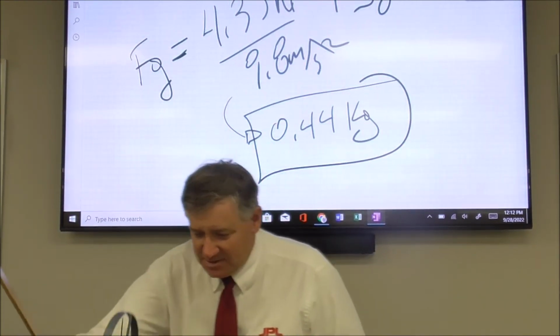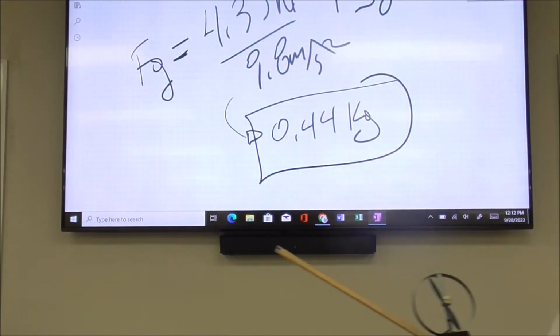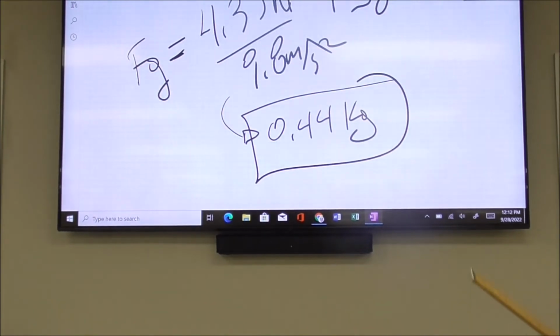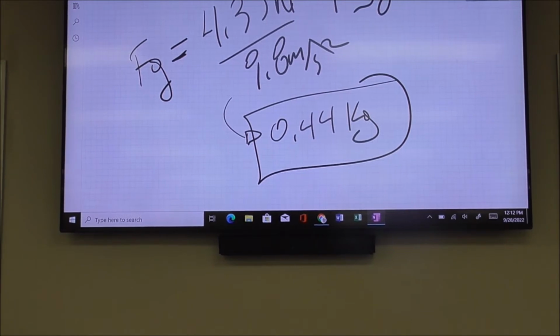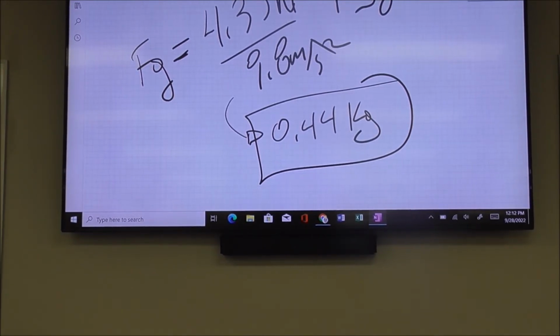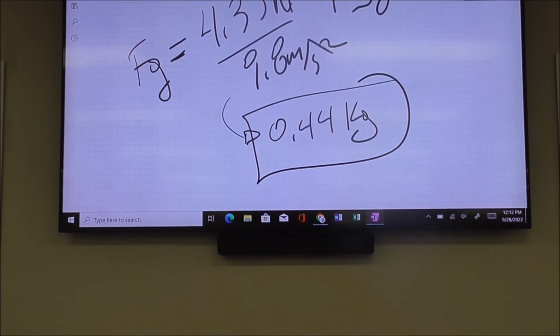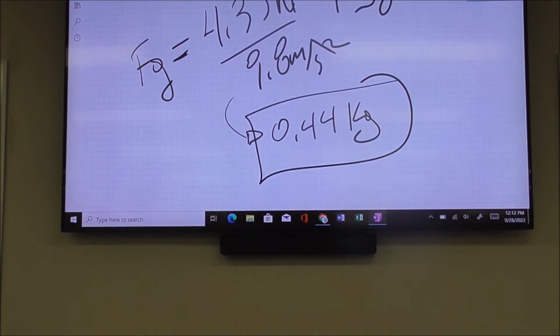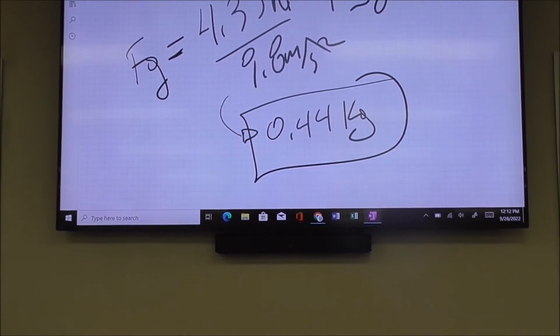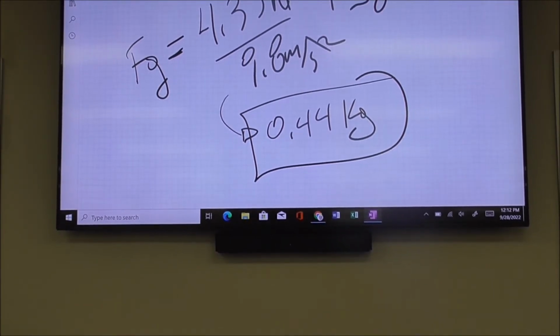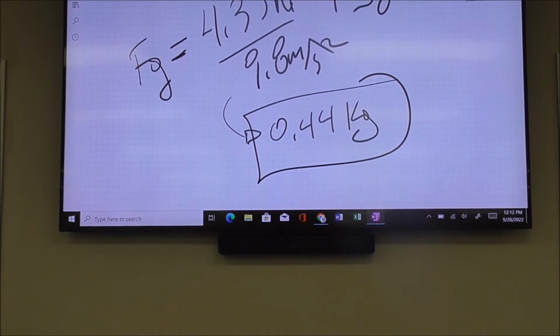Okay, so let's do a little lab. Somebody time it. We're going to travel exactly 1 meter. We're going to get this up to full speed. We're going to go 3, 2, 1, go, and then I'll tell you when to stop.